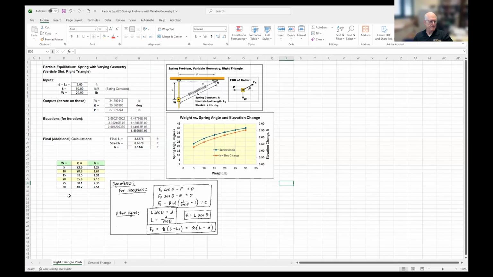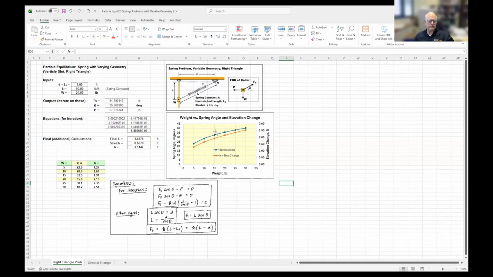So I built this table out, and basically you can understand it. The larger the weight I hang here, the farther this guy will fall, and the greater the angle will be. And so I basically iterated for each of these: W equal 5, W equal 10, all the way out to 30. And so this is the plot we got.